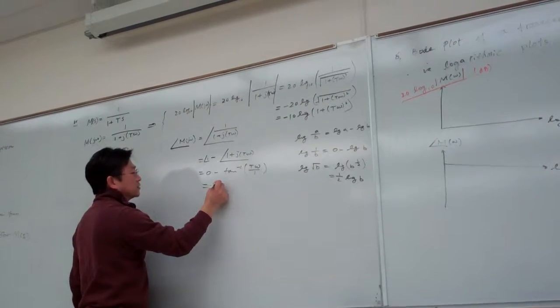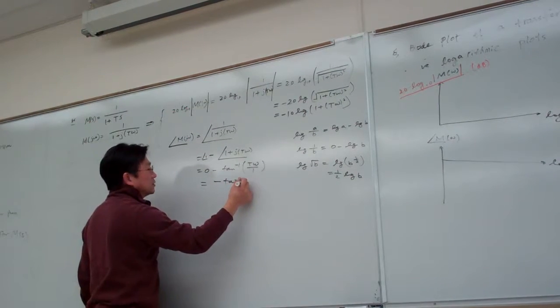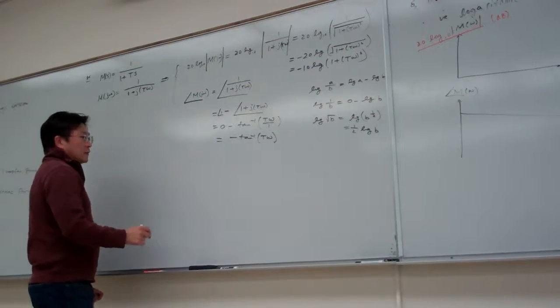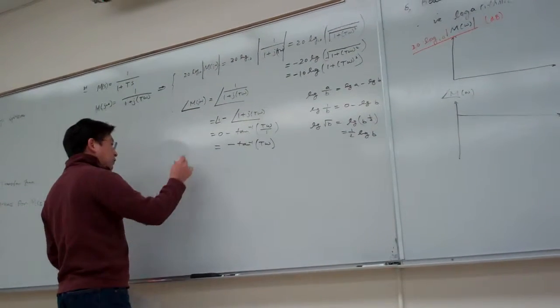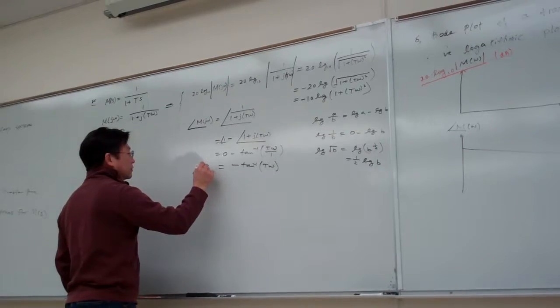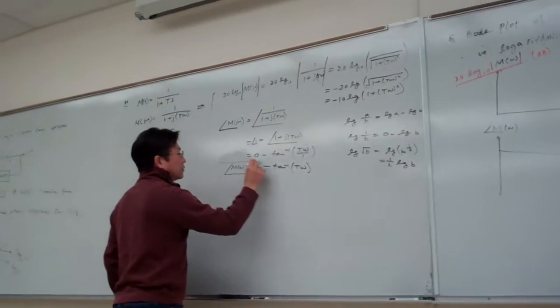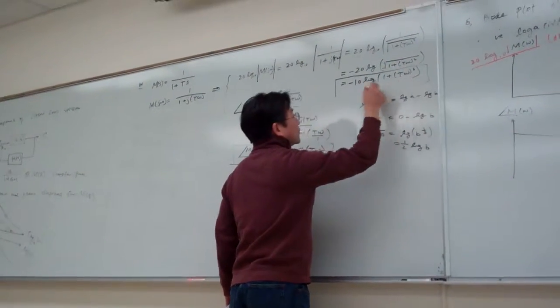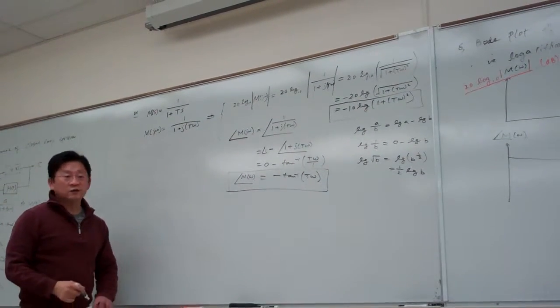So basically this is minus arctangent T omega. Okay. So based upon these expressions, we can see how much we can explore the drawing here.